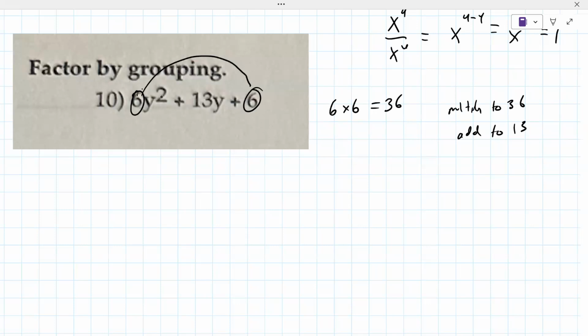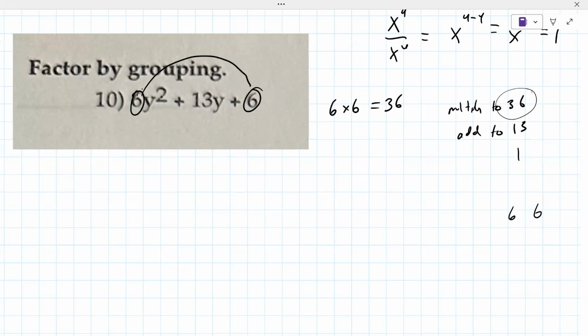Multiply to 36, but add to 13. So think about numbers that multiply to 36 first. 6 and 6. 1 and 36.